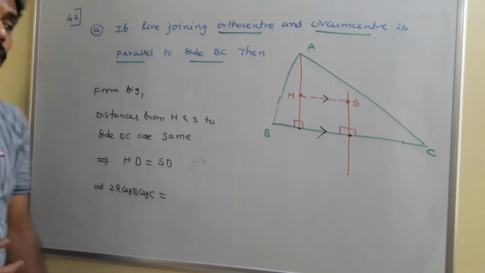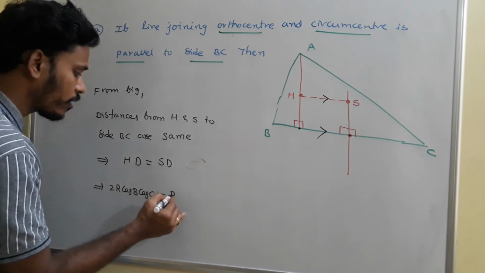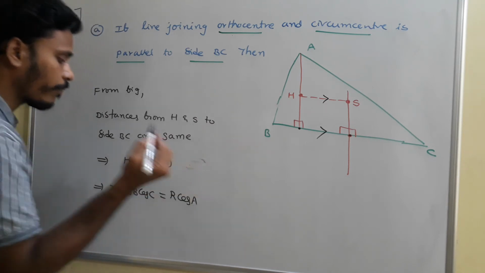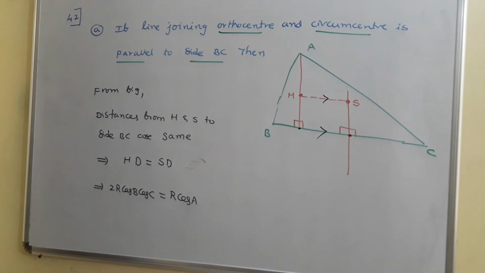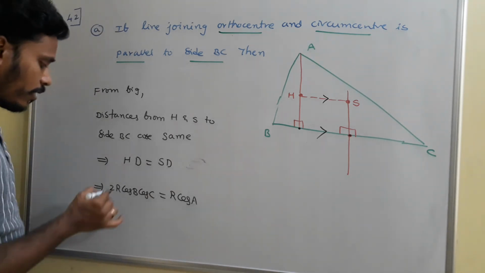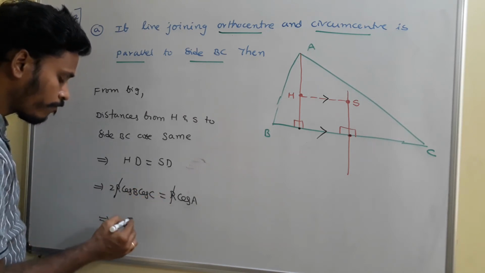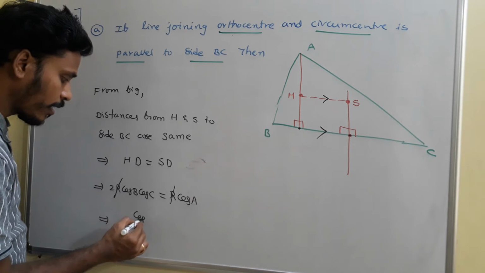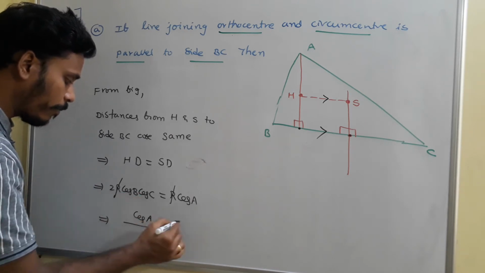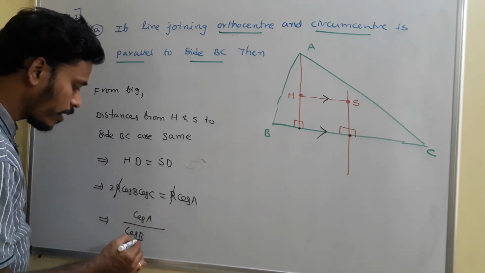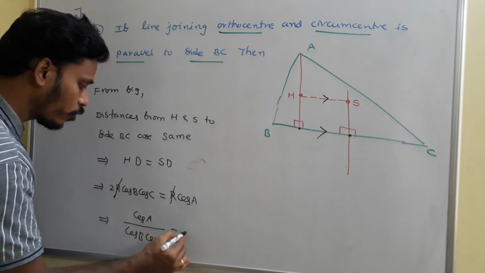SD is the distance from the circumcenter to the side, which is R cos A. At the end we have 2R cos B cos C equals R cos A. From there R gets cancelled, and in the next step cos A divided by cos B cos C equals 2.